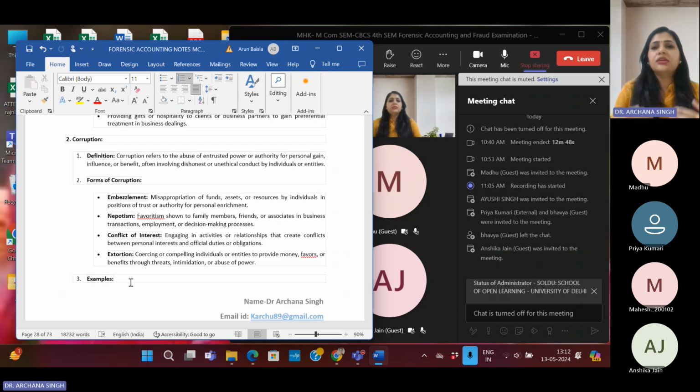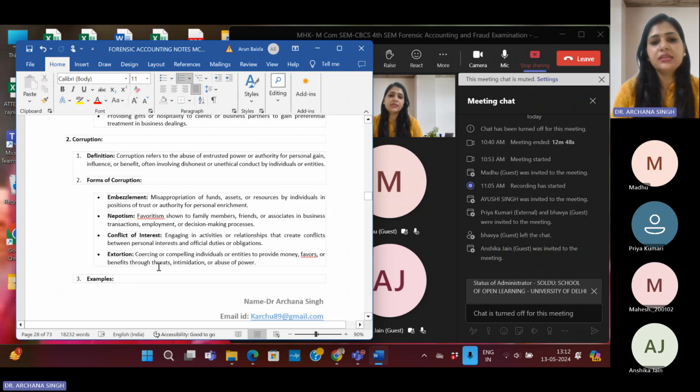Okay, nepotism means that if there is a family member, friend, or associate who is very close to you, you get them employed in the business and provide some extra benefits. So this is about nepotism. Then conflict of interest means engaging in activities that create a conflict between personal interest and official duties or obligations. Then extortion is coercing or compelling individuals to provide money or benefits through threat, intimidation, or abuse of power.